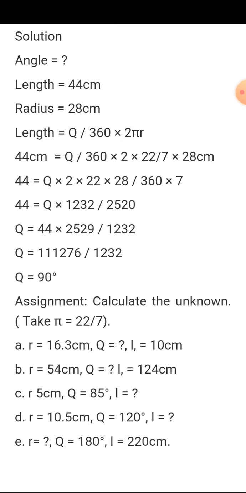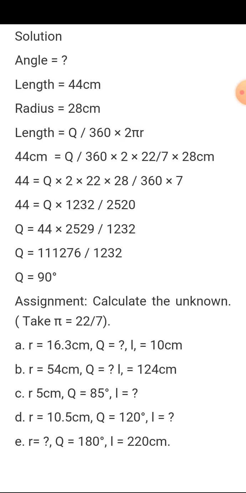So 44 equals theta multiplied by 1232 divided by 2520. Now to make theta the subject of the formula, we cross multiply.